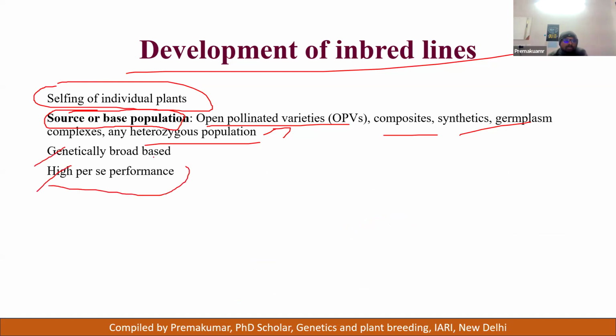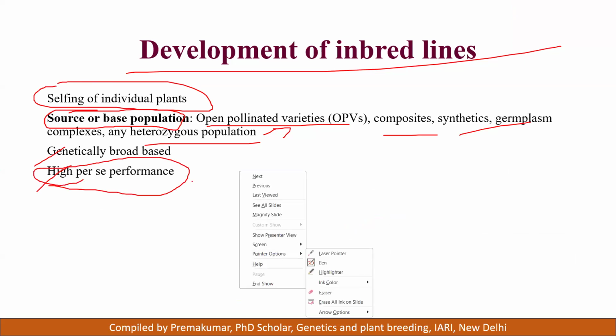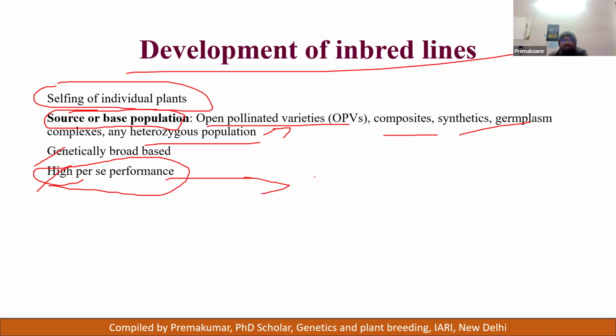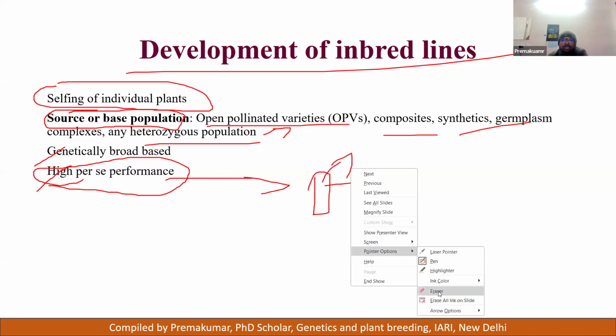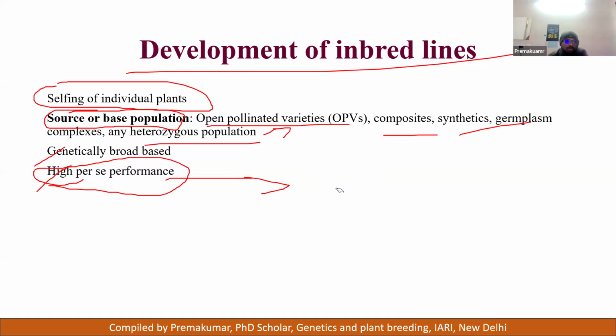What is the meaning of high per se performance? Mean performance of the particular individual, like high disease resistance, high yielding, whatever the trait may be, based on your breeding objective. They should show high performance. That's why high per se performance.